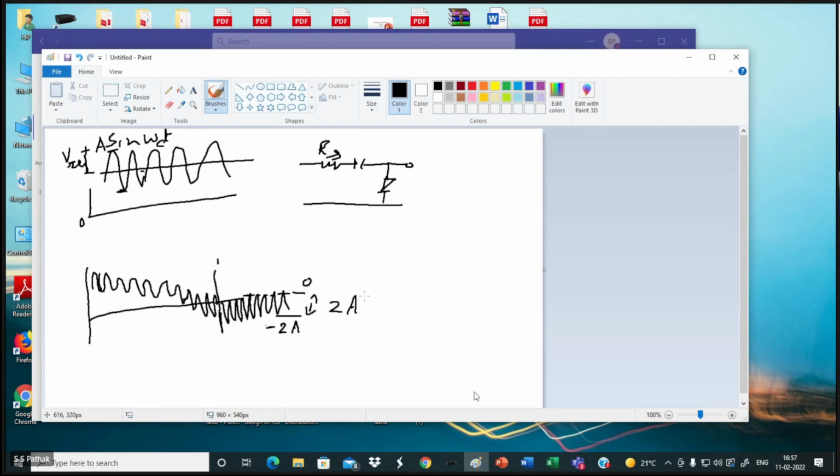Now I choose a signal. This is my 0. I'm talking of VI(t) here. I'm taking a square wave which has been clamped.